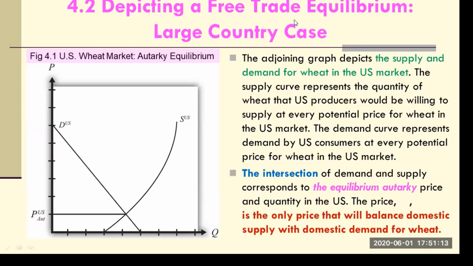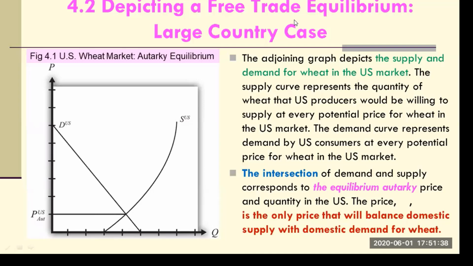So here, the quantity of the wheat that the Mexicans produce is what they are willing to supply. The demand curve represents demand by Mexican consumers, and the intersection is the equilibrium autarky price, as I wrote, the local price of the Mexicans.